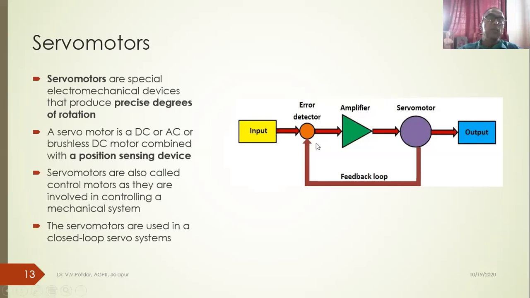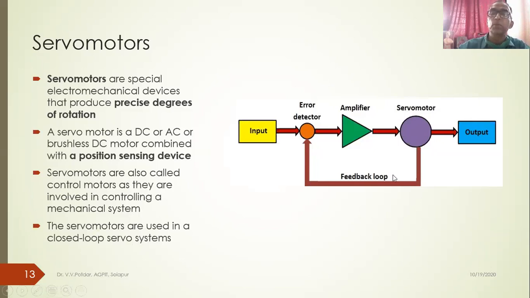A servo motor is a DC or AC or brushless DC motor combined with a position sensing device. As I said, the position sensing device can be either a tacho generator or an optical encoder. Servo motors are also called control motors as they are involved in controlling a mechanical system. The servo motors are used in a closed loop servo system.